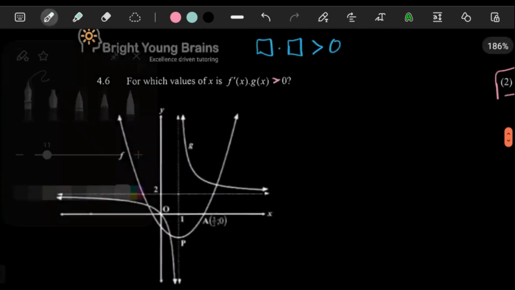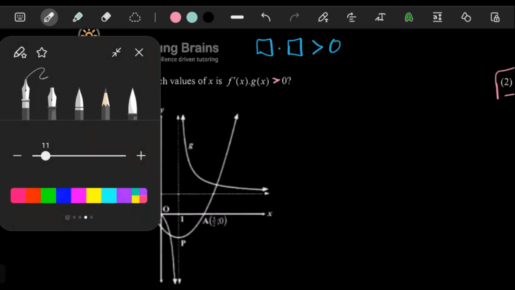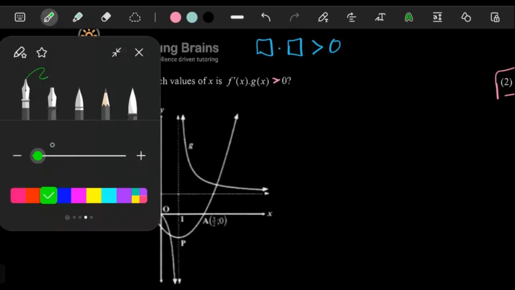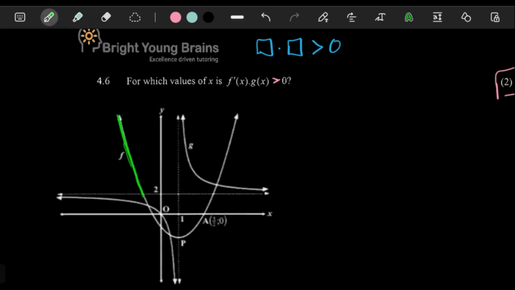So before you can answer these questions, let's just go through it. f is our parabola. If you're going to think of the gradients of our parabola, going downwards here all the way until the turning point, all these gradients are negative gradients.